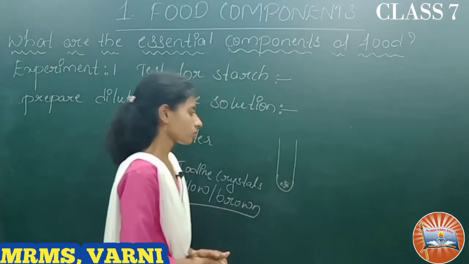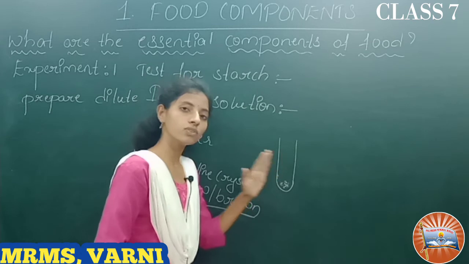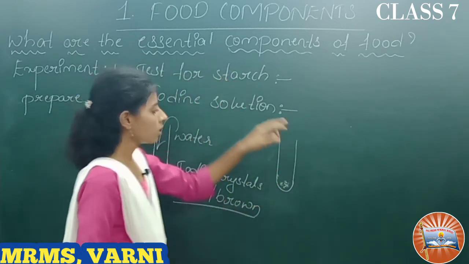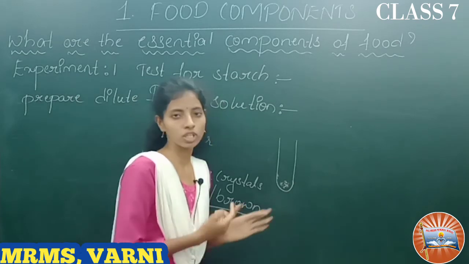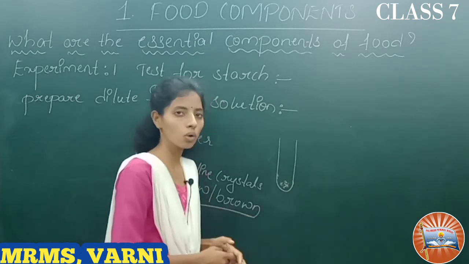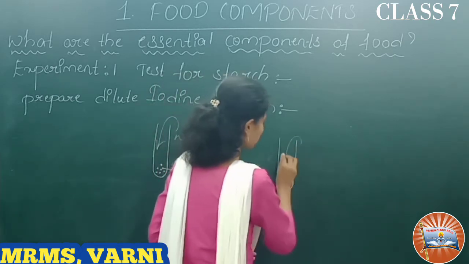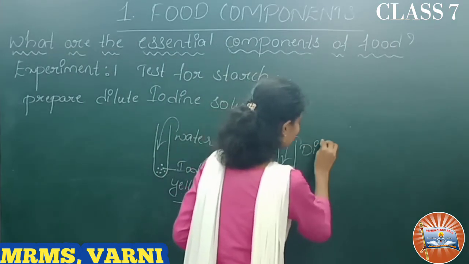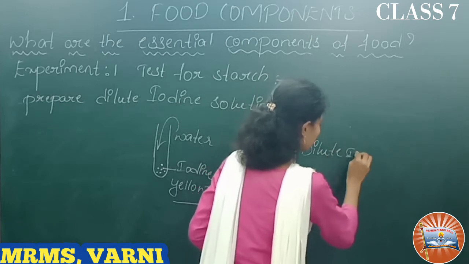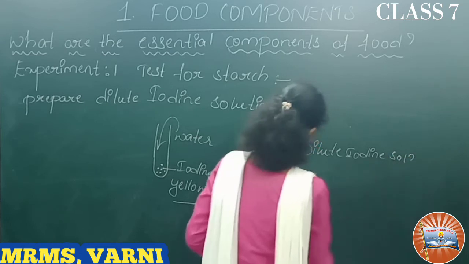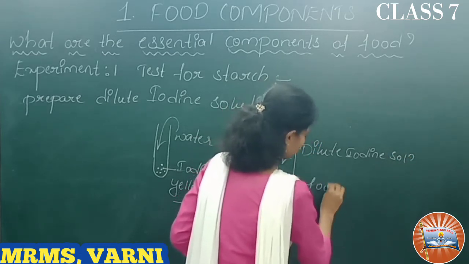Here, if the food component contains starch, the color of the solution changes into black or dark blue. So here we are going to add the dilute iodine solution, and this is the food item.